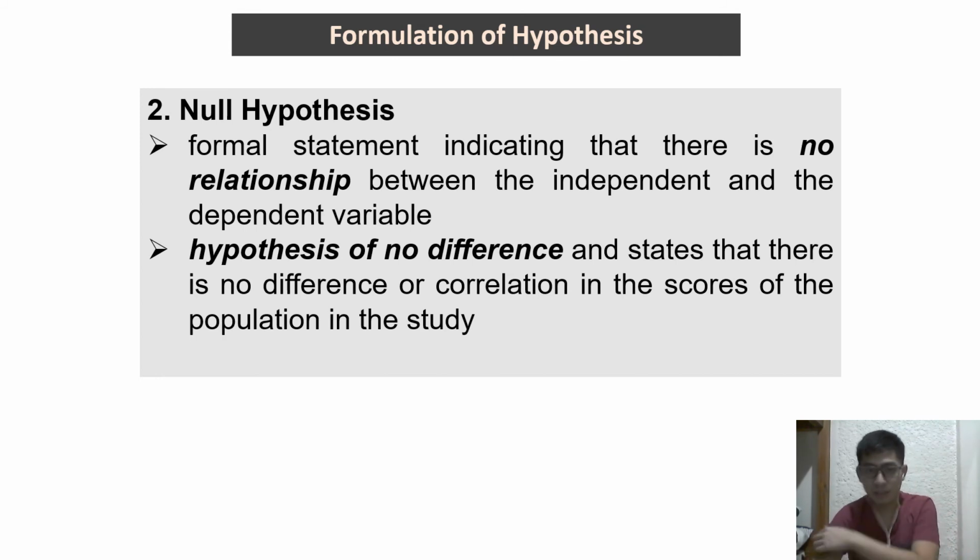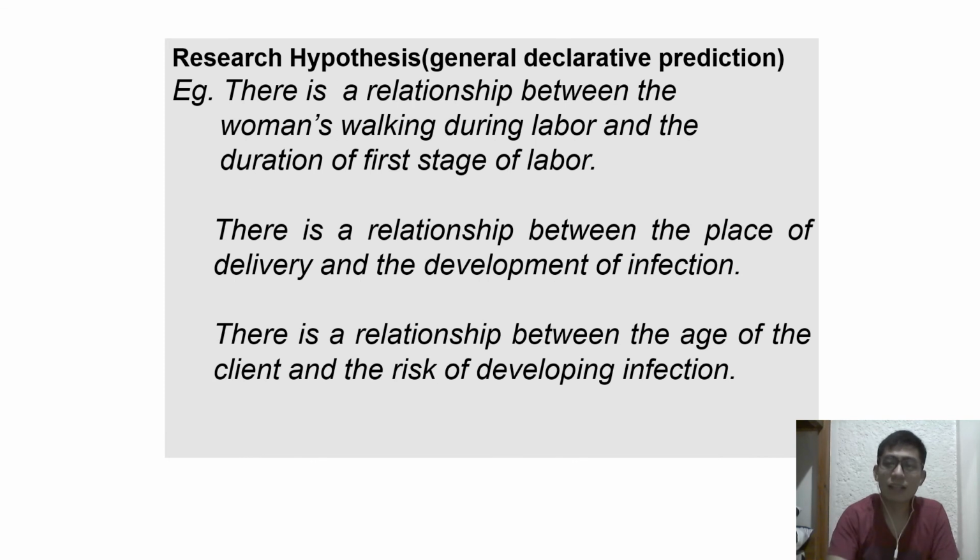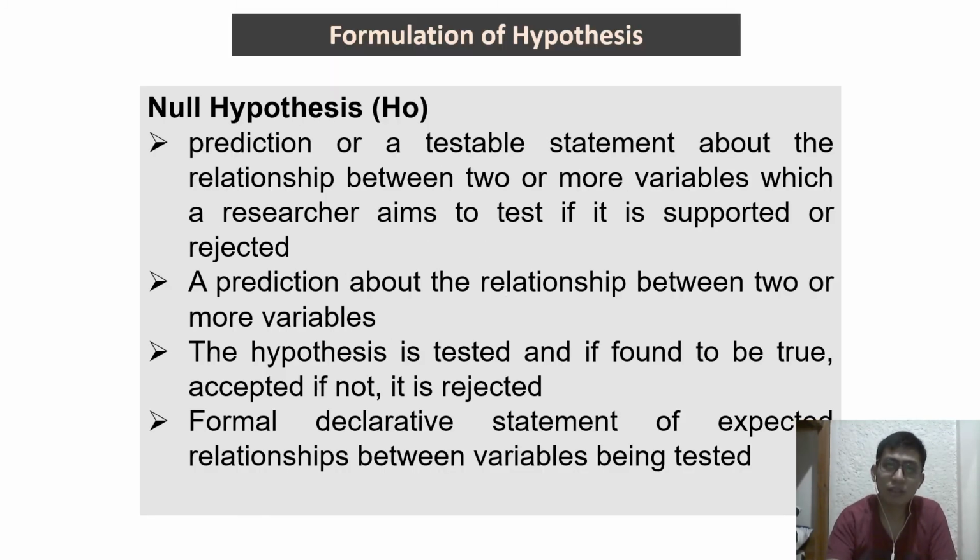So there's research hypothesis, there's null hypothesis. There's no relationship between the independent variable, hypothesis of no difference, and states that there's no difference or correlation in the scores of the population of the study, such as there's a relationship between women's walking, there's no relationship, and there's no relationship between the age of the client and the risk of developing infection.